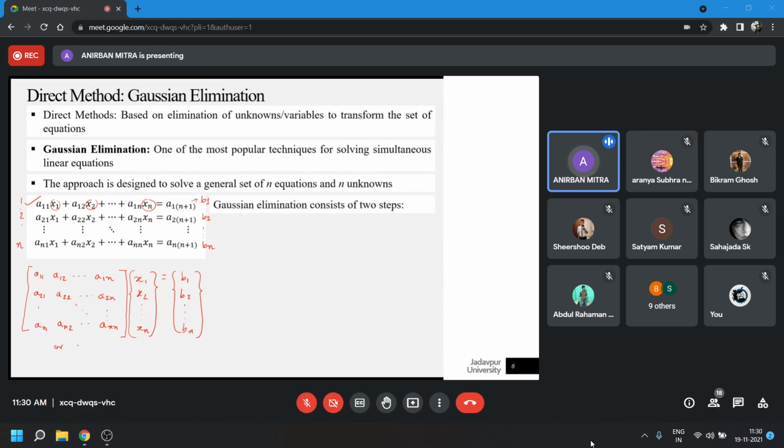You can also write it as AX equal to B. So this matrix A is called the coefficient matrix.